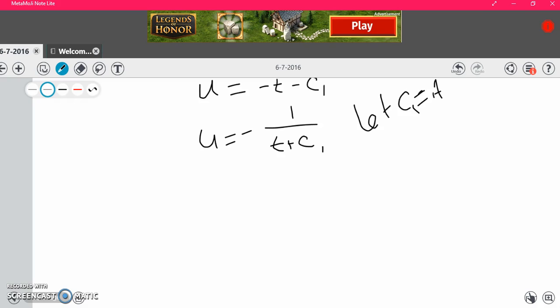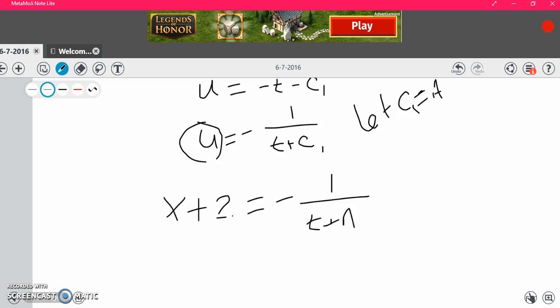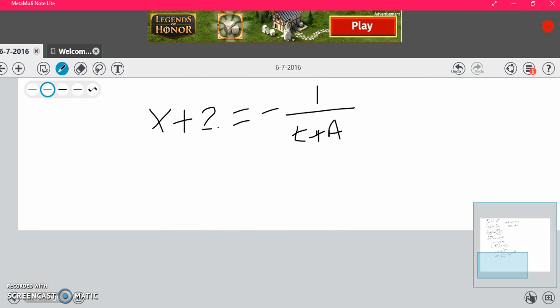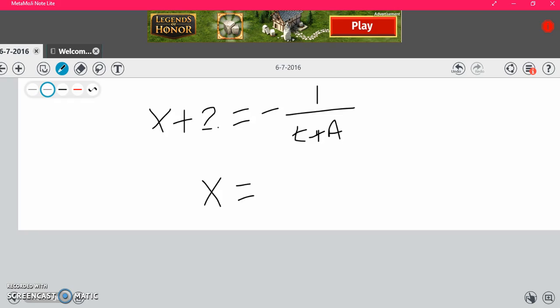And now we have to put everything in its original form. So we have x plus 2 equals negative 1 over t plus a. Just subtract the 2 from both sides to get our x alone. Get x equals negative 2 minus 1 over t plus a.